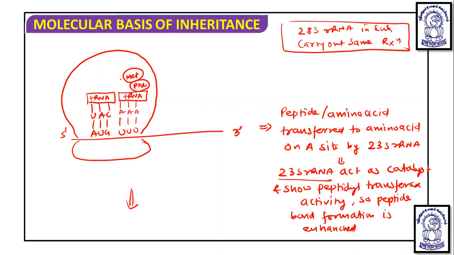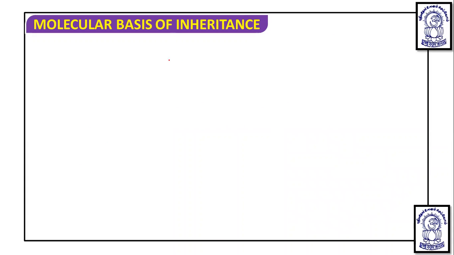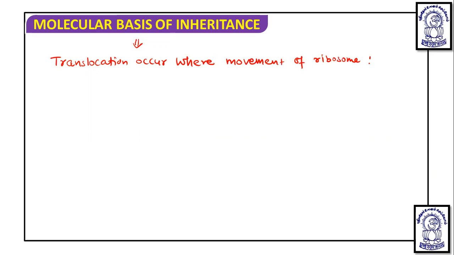Translocation occurs where movement of the ribosome takes place on the mRNA, and the ribosome moves from codon to codon along the mRNA.